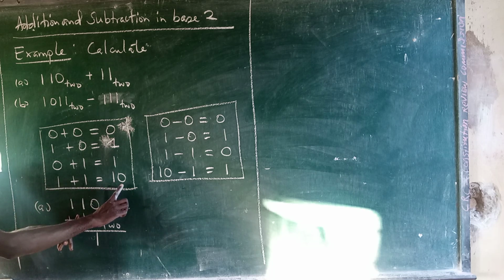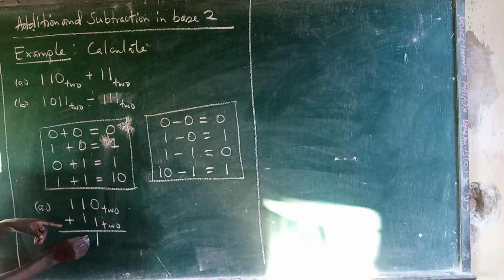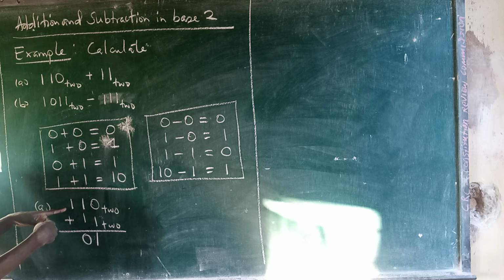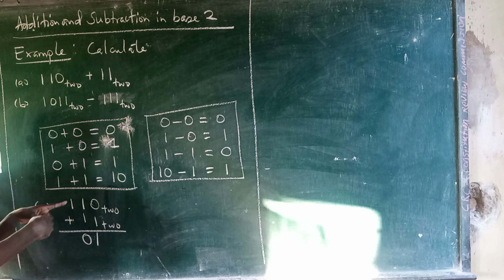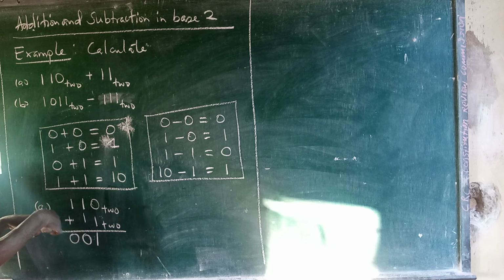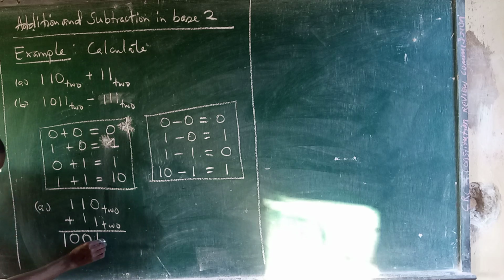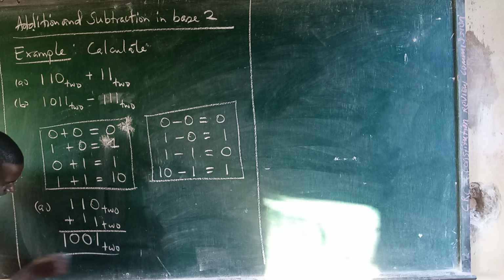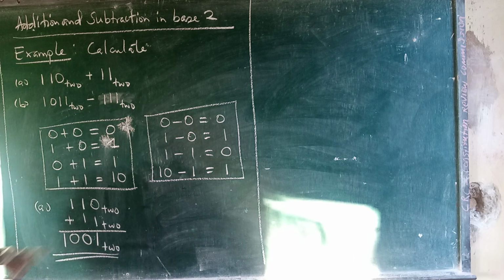So we write 0, and we carry the 1 to the next. That 1 we've carried, plus this 1, again will give us 1 0. We write 0 here, and we carry 1 to the next. There is nothing here, so it's as good as 0 plus that 1, so it will now become 1, or just the 1 0 itself. So this will be our addition.